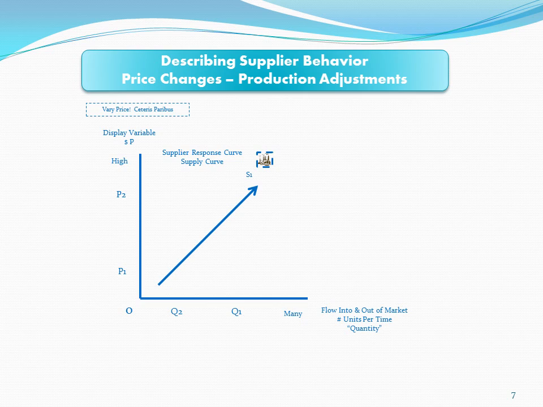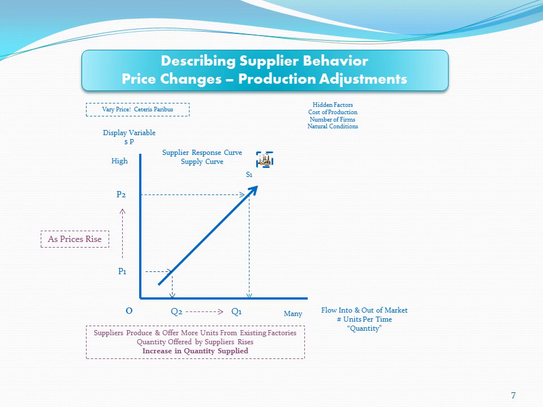So let's vary price, ceteris paribus, holding all other factors constant. So as prices rise, our map of producer behavior, a producer response curve here, you can see, suggests that as prices are rising, firms are willing to increase their rate of production or their rate of flow into the market.